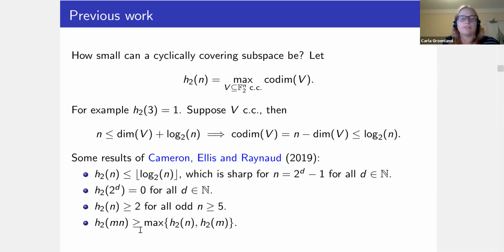And from the inequality below that, we see that whenever we multiply by 2s here, the value cannot decrease. So as soon as for one of the prime factors it's positive, it will remain positive. Yeah, so this gives us some information already about what these numbers look like.